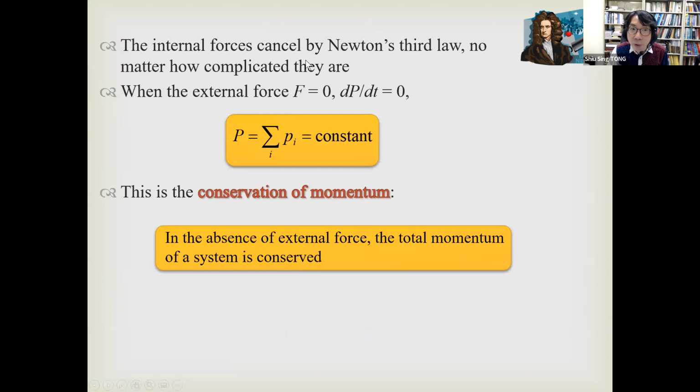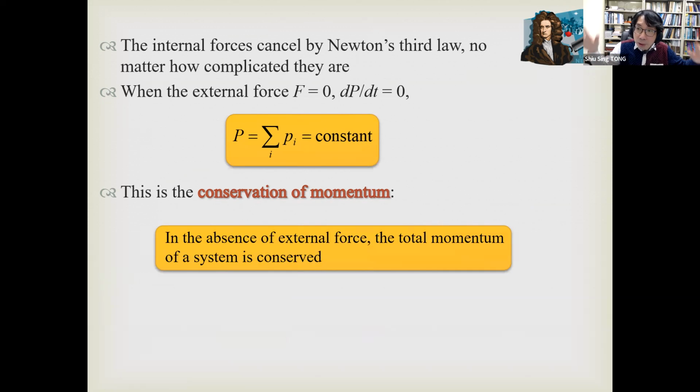And if the external force is zero, if there is no net force acting on the system, then the total momentum is conserved. That means the summation of the individual momenta, because this is the definition of total momentum, remains constant. The internal forces are there, and they may change the momentum of the individual particles, right?